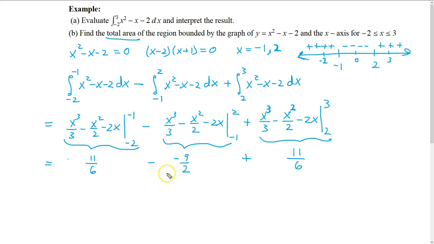So what we get then is 11/6 plus 9 halves plus 11 sixths, and that evaluates out to 49 over 6, which is positive, which is good. We should get back a positive number because we're looking for the total area.